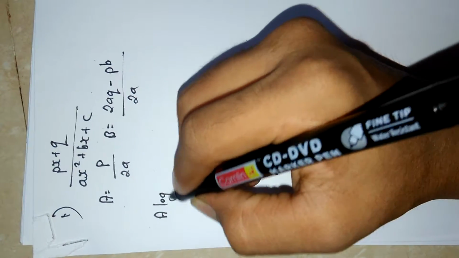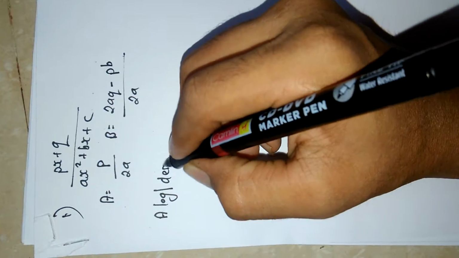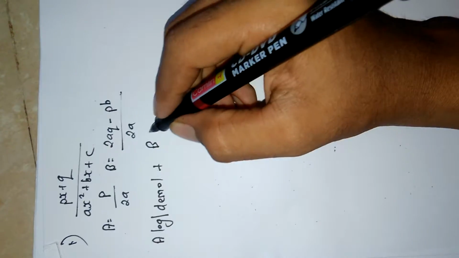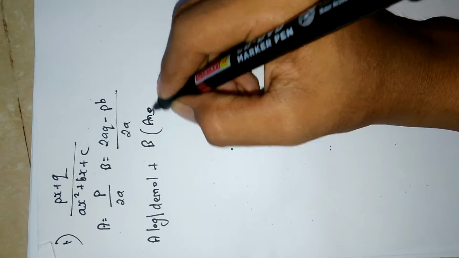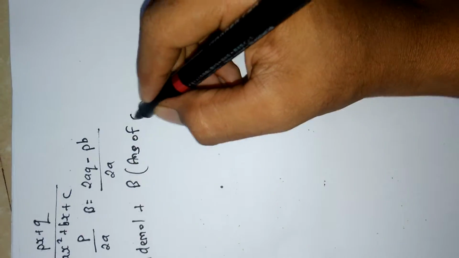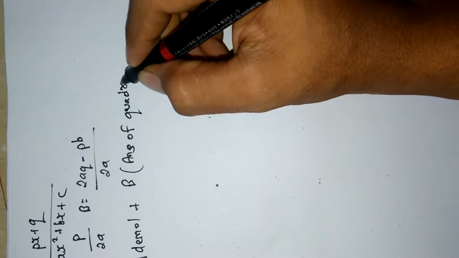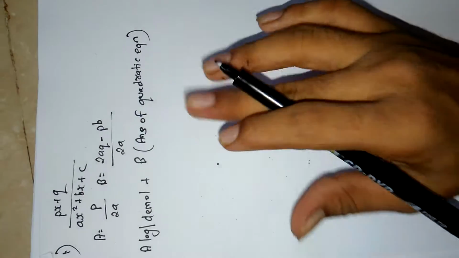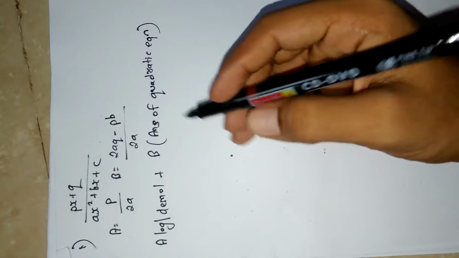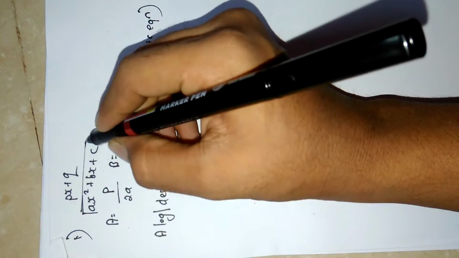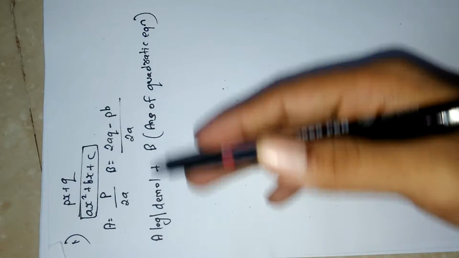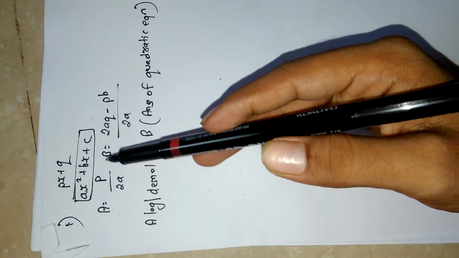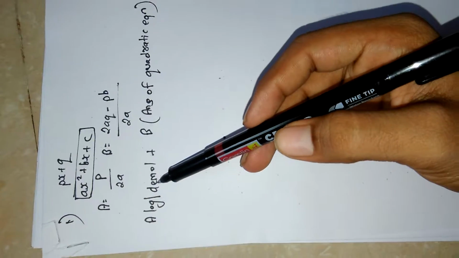After that we have to put the values into this format: a into log of denominator, plus b into the answer of the quadratic equation, and that's it. This is your final answer. So guys, our quadratic equation is this. After finding the values of a and b, you have to put the values in this format, where a into log of denominator means our quadratic equation we have to put here.